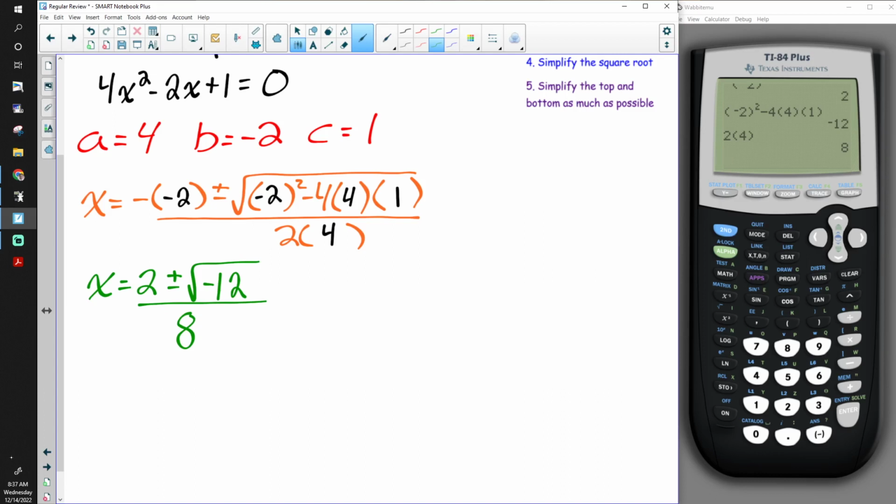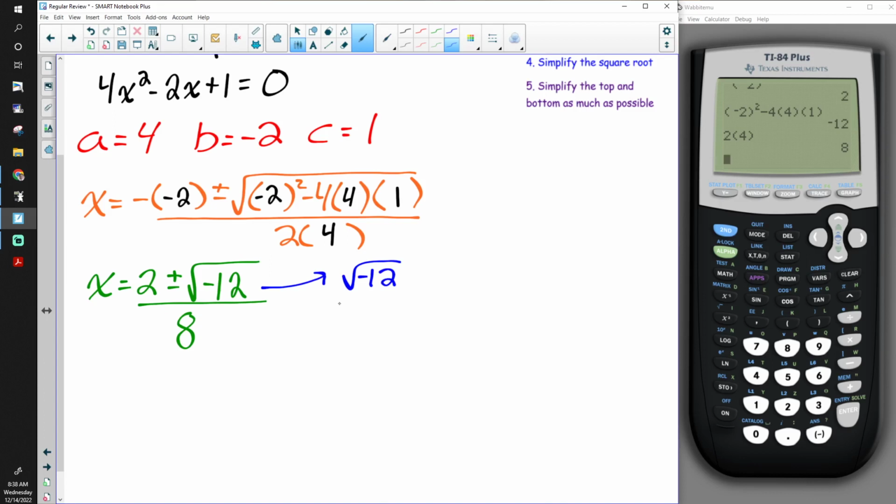Okay, now it's the part we all love best. It is simplifying the square roots. We need to simplify the square root of -12. And here's where this problem just has one tiny difference. That number inside the square root is negative. We can't simplify a negative square root until I do what with that negative?